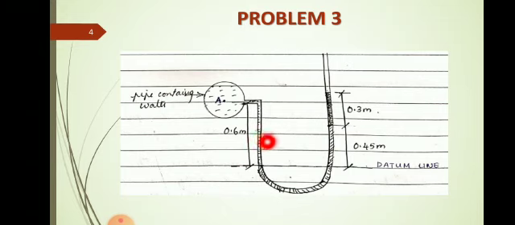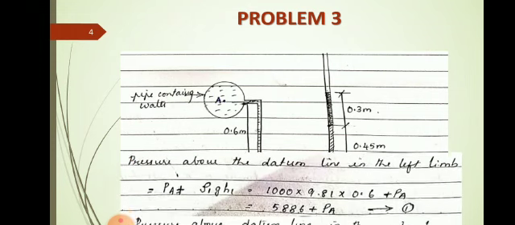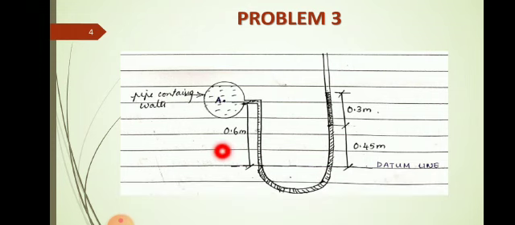So this is the left limb and this is the right limb. What is the level of mercury in the left limb? Here please note that from this region it is mercury. I have actually given a different shade, but in the figure it is not looking like a different shade. Please understand that from this point it is mercury that is inside the manometer, and up to this point it is the liquid which is coming from the pipeline.